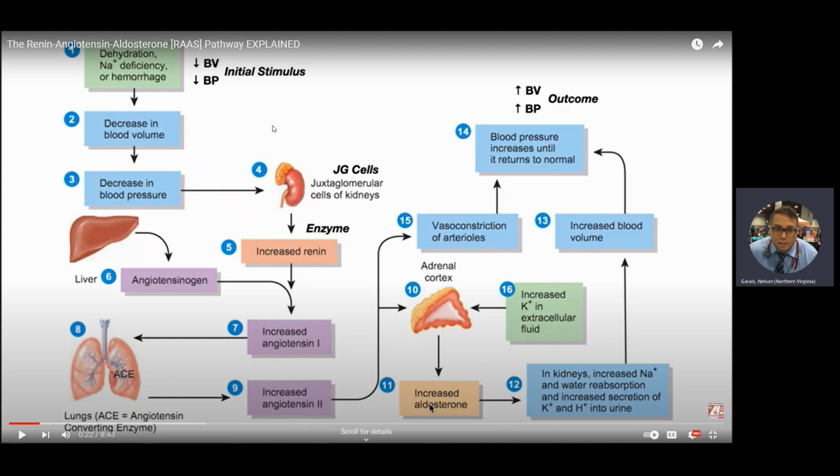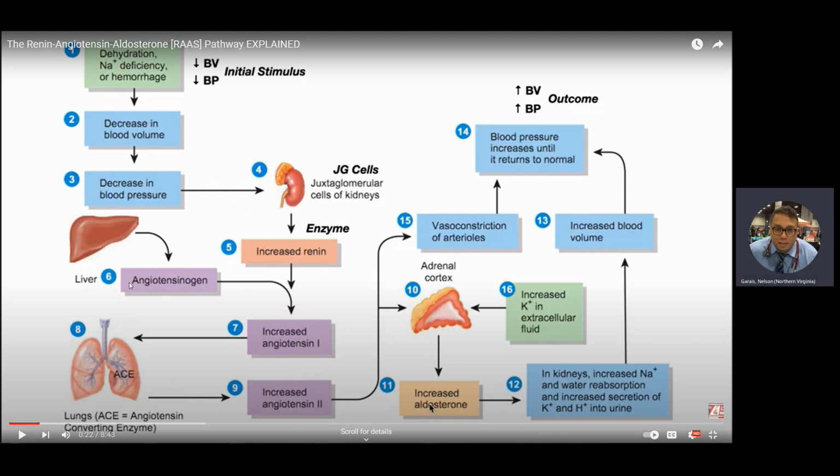So as a quick review, what's the stimulus? Decreased blood volume, decreased blood pressure. Who's the first person to react? Kidney, JG cells. Because we know JG cells deal with blood pressure and salt. Then JG cells release renin, angiotensinogen gets released by the liver.